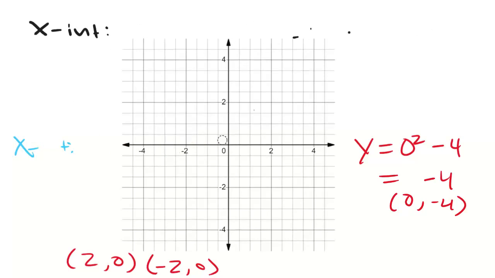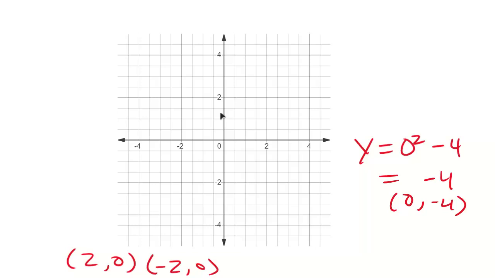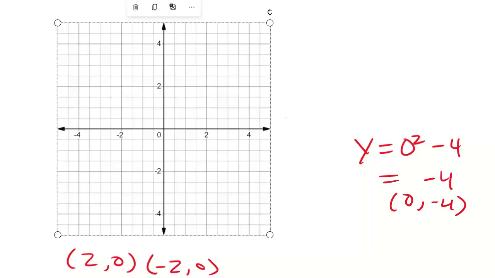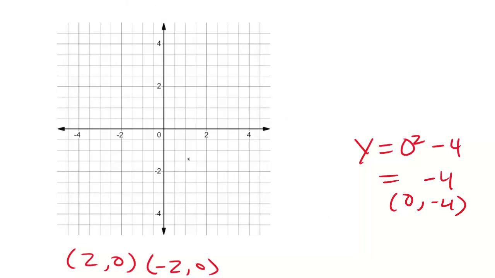Okay, so what was our goal? Our goal was to figure out the graph of y equals x squared minus 4. And what points did we find? We found (negative 2, 0), (2, 0), and (0, negative 4). What do I do next?